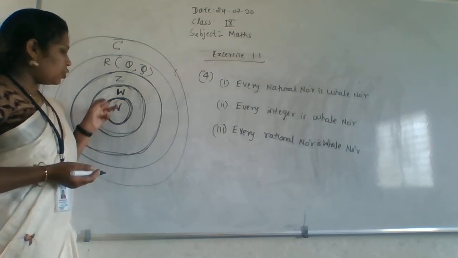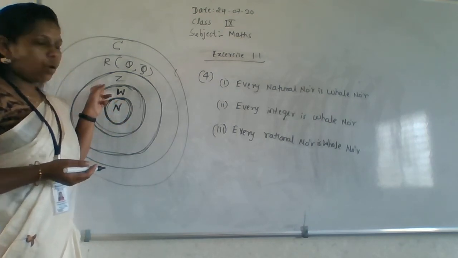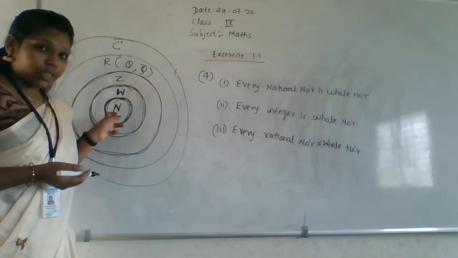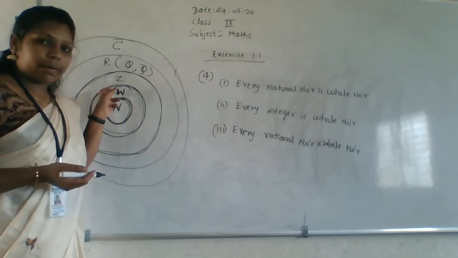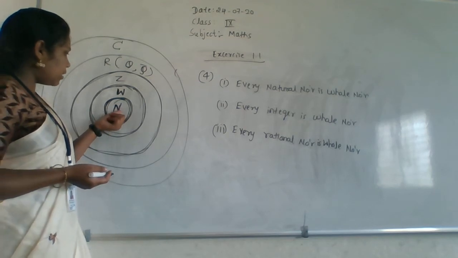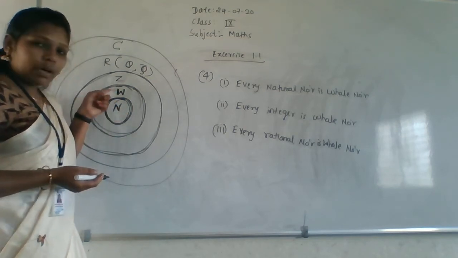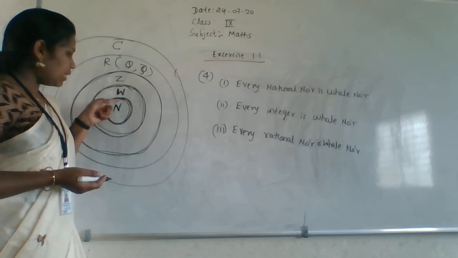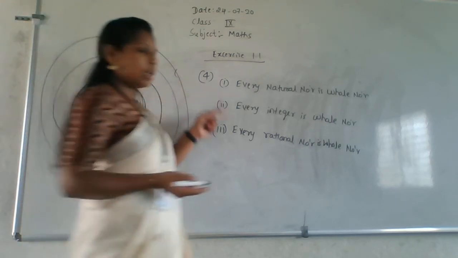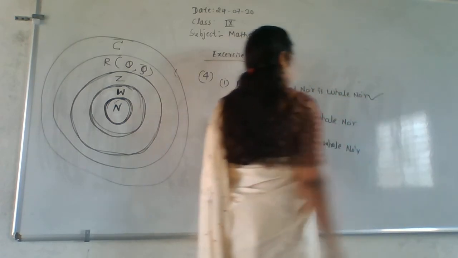So every natural number is a whole number, because all the natural numbers are present in the whole numbers. So this statement is correct.